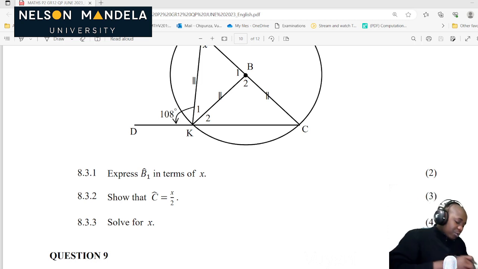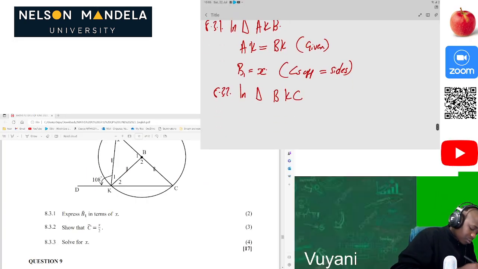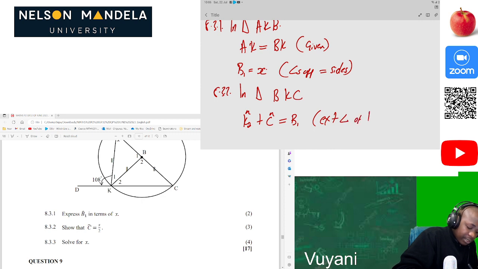So if we now look in triangle BKC, we can see that angle K2 plus angle C is equal to B1, the exterior angle of that triangle.